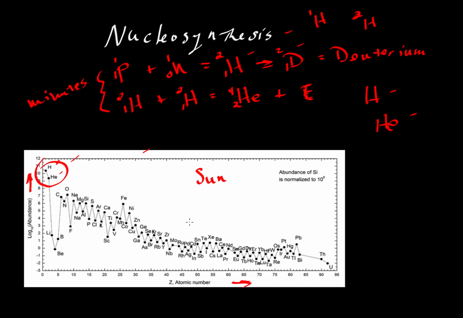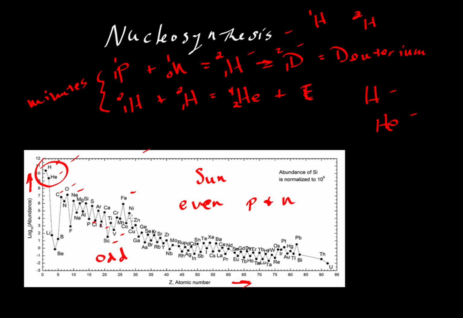Now, another important aspect of this is this zigzag pattern. All of these fellows here, carbon, oxygen, neon, iron, etc., they tend to have an even number of protons and neutrons. And these fellows down here, scandium, vanadium, potassium, chlorine, etc., they tend to have an odd number of protons and neutrons.